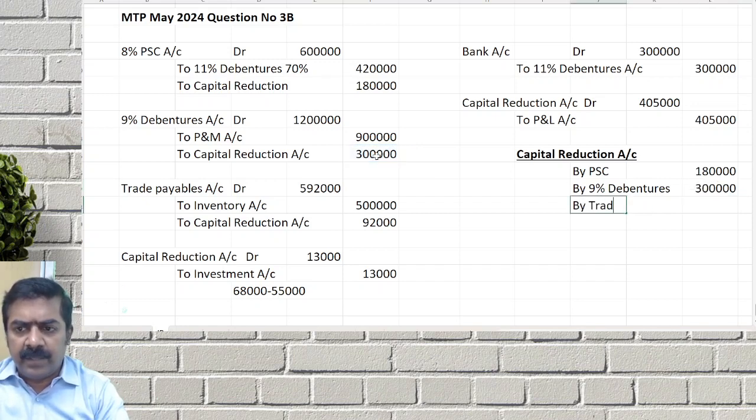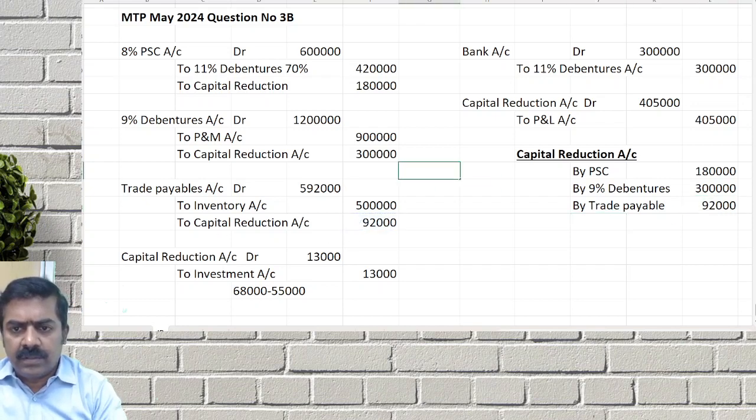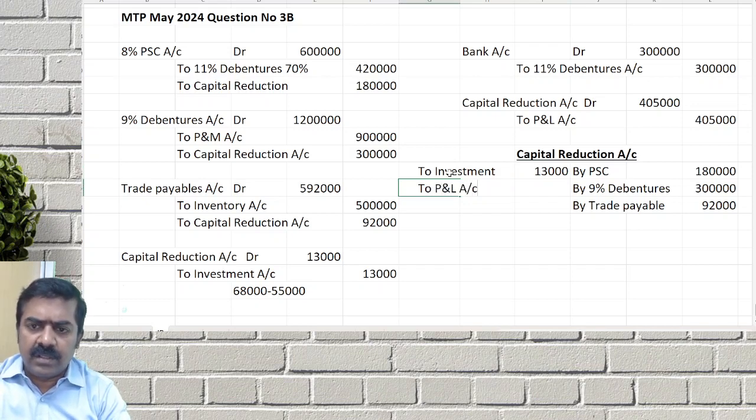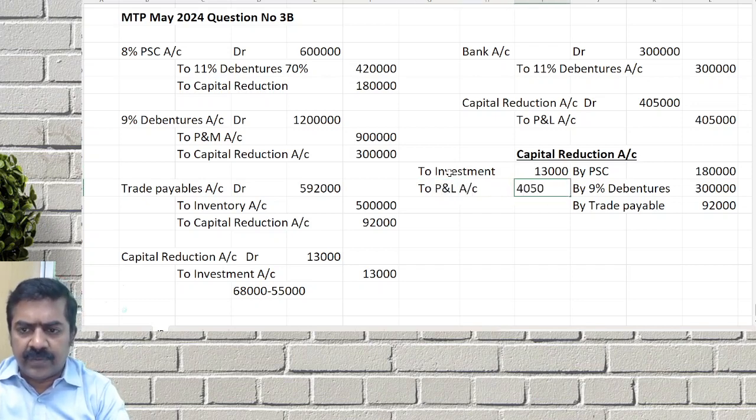By trade payable, 92,000. To investment, 13,000. To P&L account written off to the extent of 4,05,000. The balancing figure will be transferred to which account? Capital reserve.